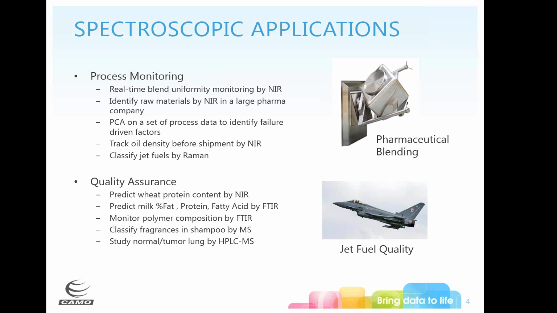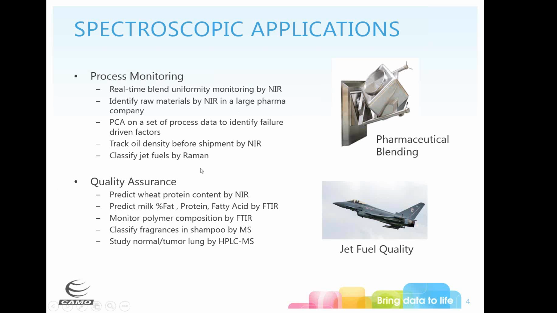Sometimes you can see polymorphs in IR. Classify fragrances. So there's a lot of applications, and one of the benefits for NIR data is there's often no sample preparation. You can just shine your infrared light directly on your sample and get some feedback directly. In some of your other methods, you do tend to need to do a lot of sample preparation before you can do anything with it.